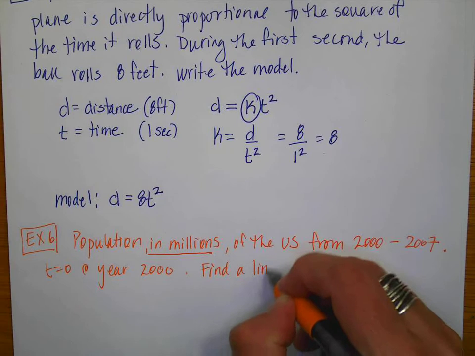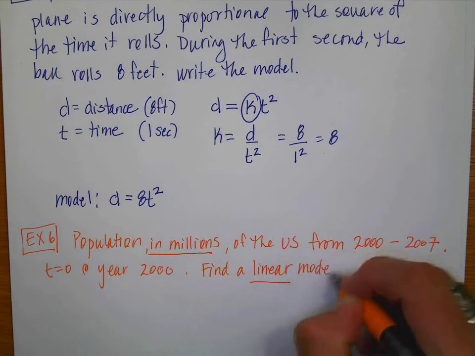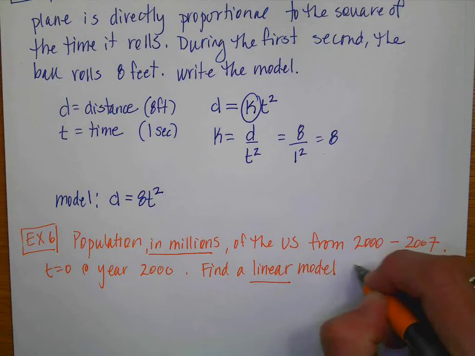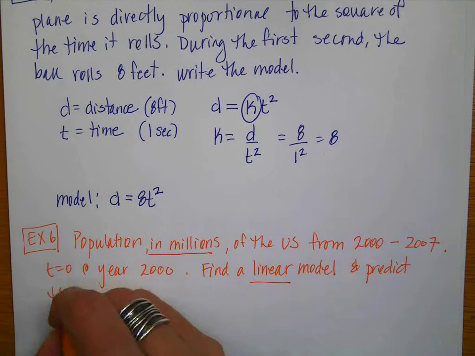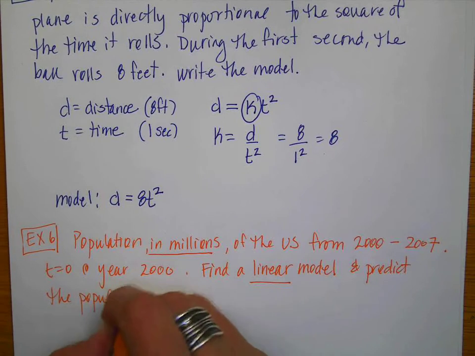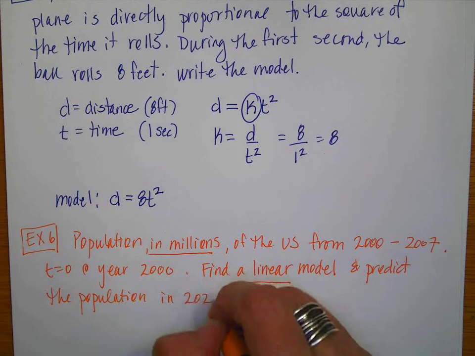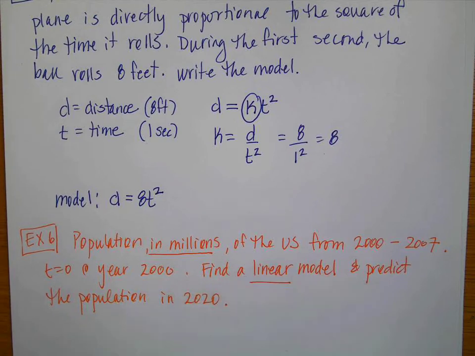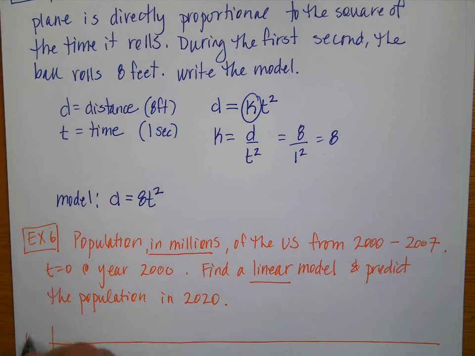So in this particular problem, we want to find a linear model. It's very polite of them to tell us what type of model that we're going to use. Find a linear model and predict the population in 2020.